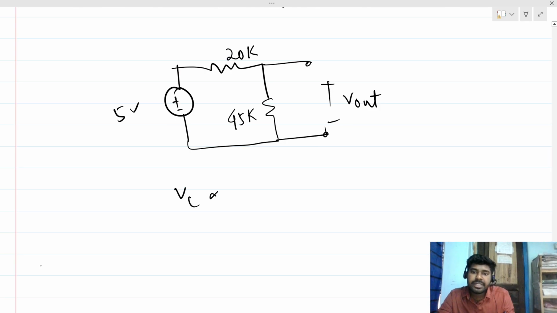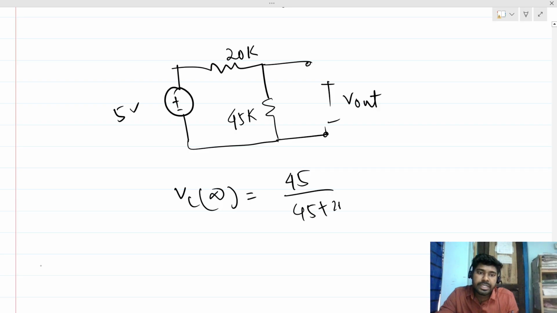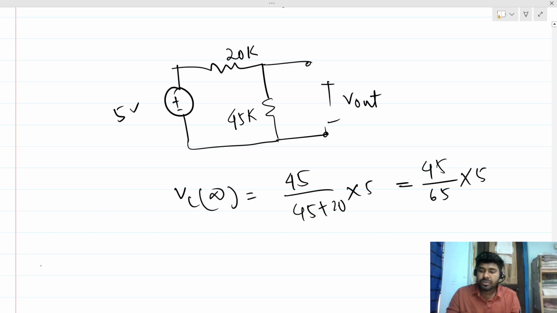Vc of infinity is nothing but a normal resistive divider, right? So it will be 45 divided by 45 plus 20, times 5. So what will that be? This will be 45 by 65 times 5. Let me do some calculations. So it will be 13, right?